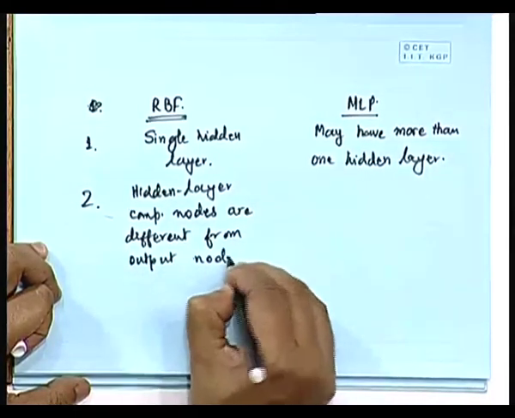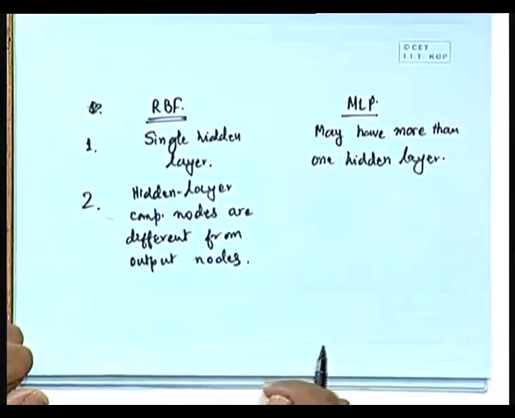That is very much obvious, because in the hidden layer we are using the RBF activation functions, whereas in the outputs we are using the linear activations.